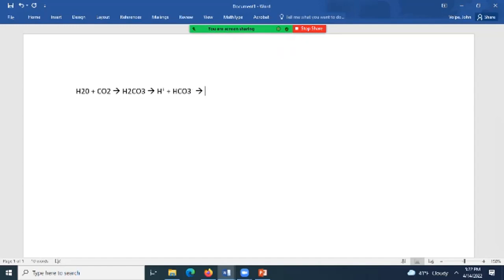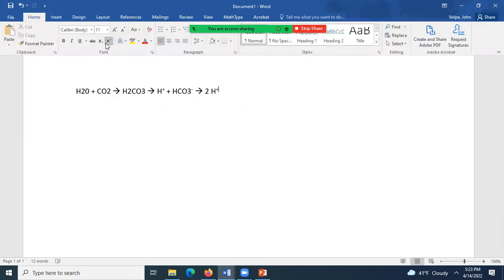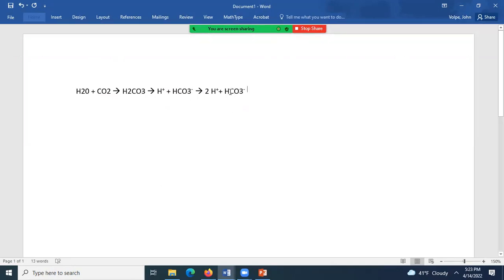And this can go into 2 H pluses plus CO3 2 minus.